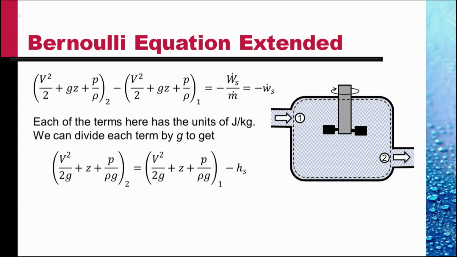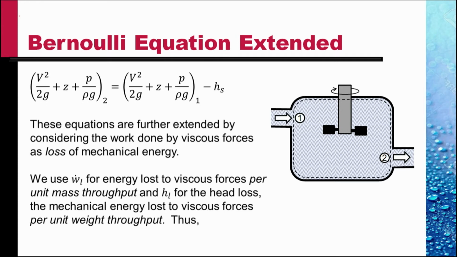The work done by the system, expressed as per unit weight throughput. Each term has a unit of length in this case. These equations are further extended by considering the work done by viscous forces as a loss of mechanical energy.